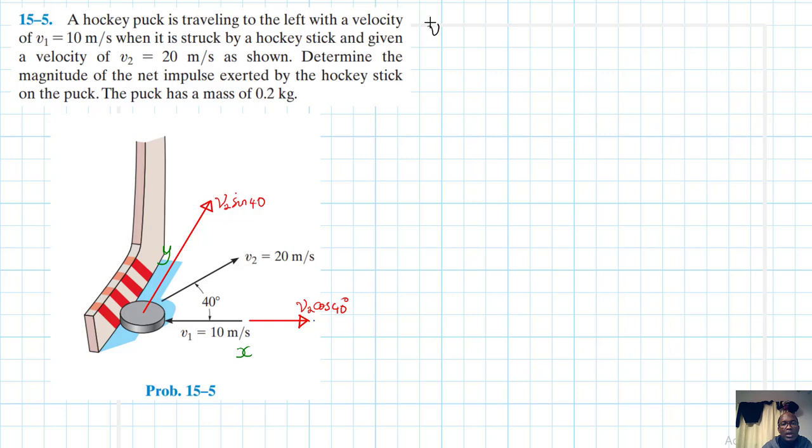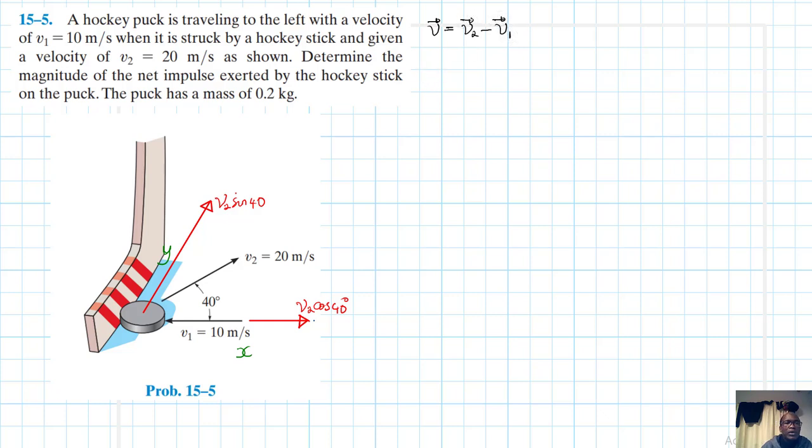So let's write down the vector expression for velocity. Our change in velocity is going to be equal to v final, or v2, minus v1.